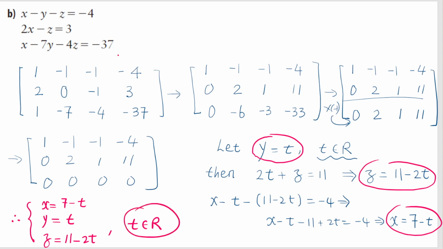So t is actually a number that connects x, y, and z. As t could be any real number, x, y, and z can also be any real numbers, and their relationship can be represented by using the variable t here. So you can express your solution in this way.